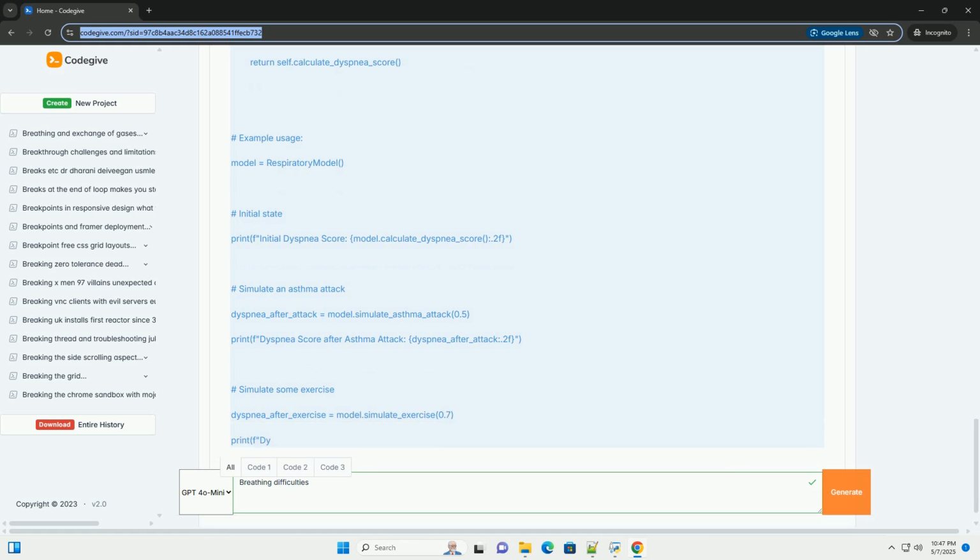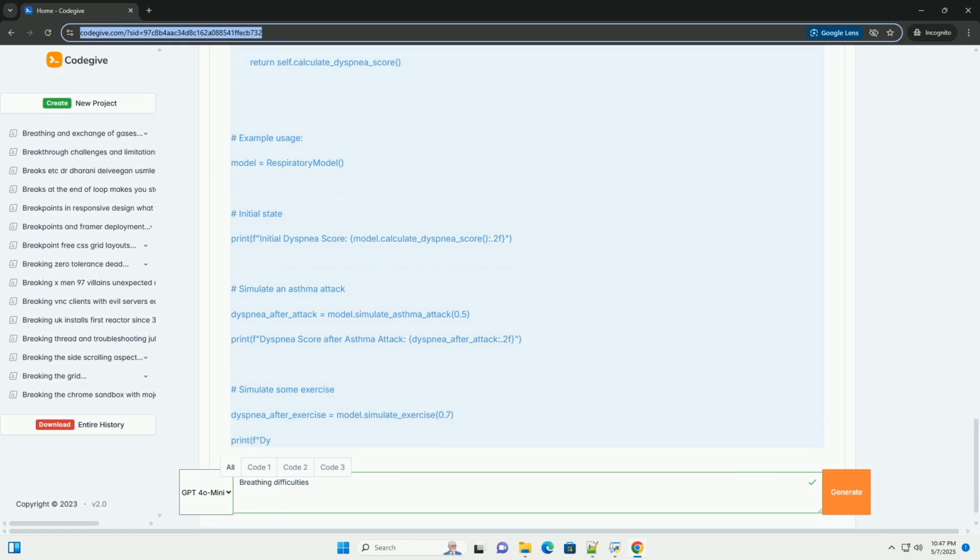Expiration, breathing out. In quiet breathing, expiration is largely passive. The diaphragm and intercostal muscles relax, the chest cavity volume decreases, and the pressure inside the lungs increases, forcing air out. During forced expiration, for example exercise or coughing, abdominal and other chest muscles actively contract.